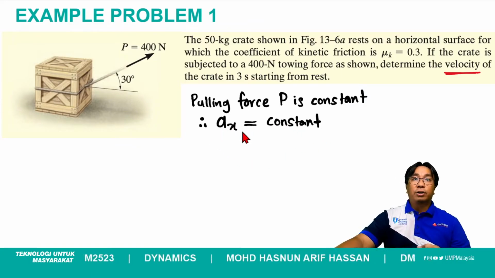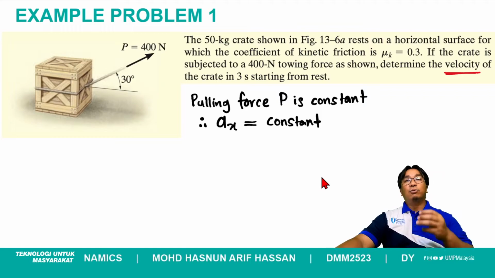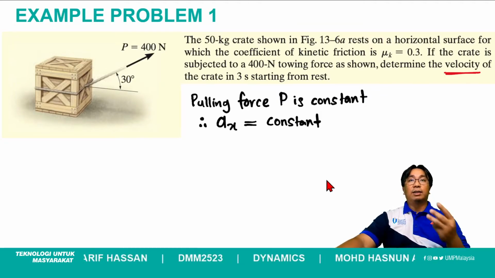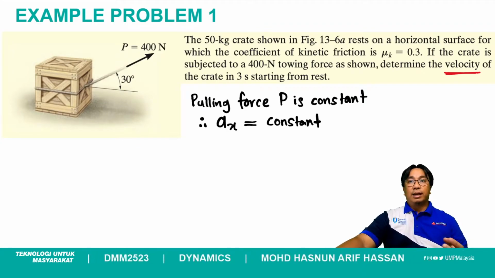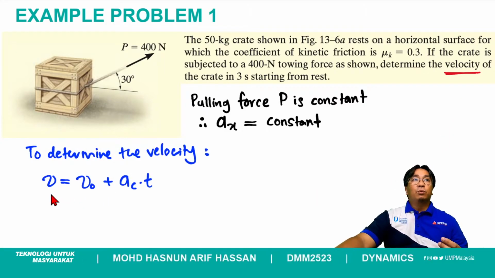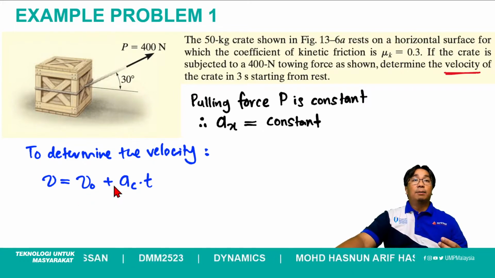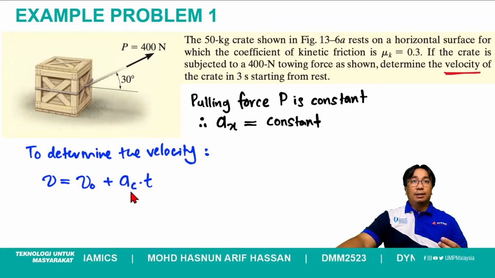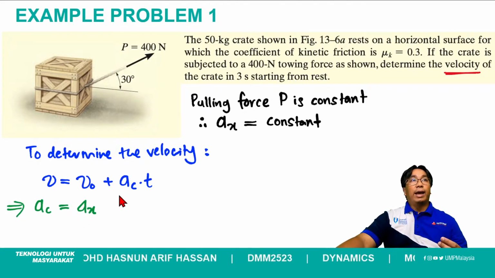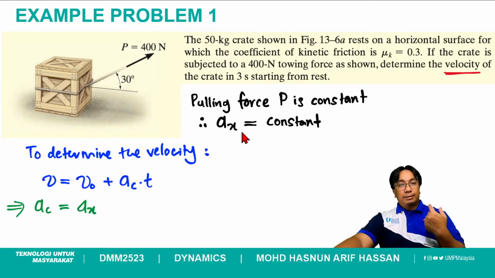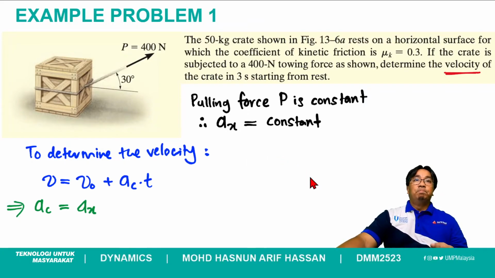So when you have a constant acceleration, then you can go back to chapter 1 kinematics, where you have 3 equations for constant acceleration that you can use, and to determine the velocity we can use this equation. V is equal to V naught plus AC T. AC here is equal to AX. The constant acceleration in this case is equivalent to AX that we have calculated before.